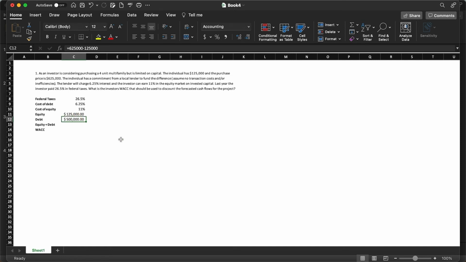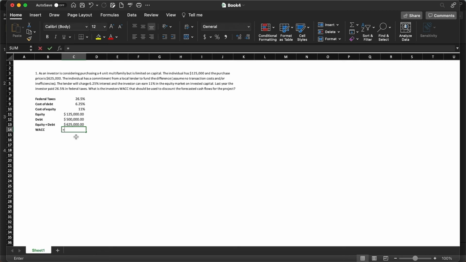So we have a debt value of $500,000. Equity plus debt needs to equal $625,000. Okay, and now we have all of our values to calculate the WACC.